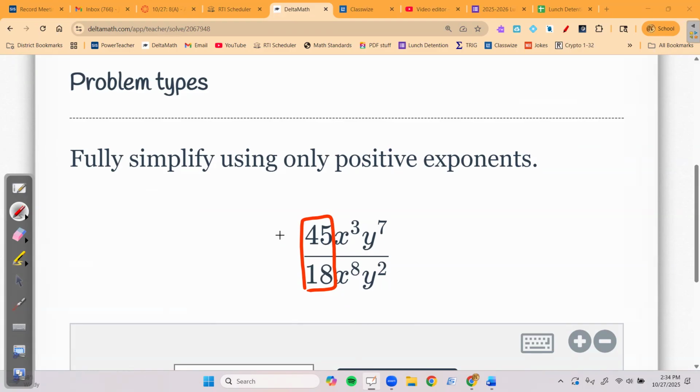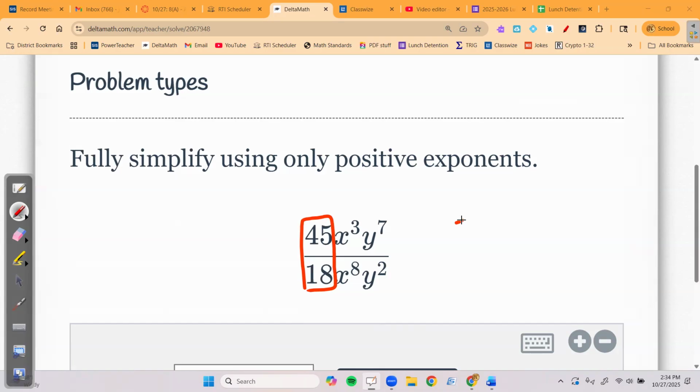Bigger. 5? 18 divided by 5? No, you can't divide 18 by 5. What's the biggest number? 6? No, you can't divide 45 by 6. 9, thank you. Finally, you can divide 45 and 18 both by 9.